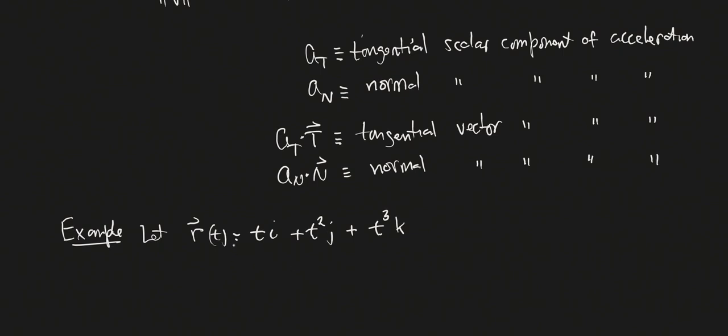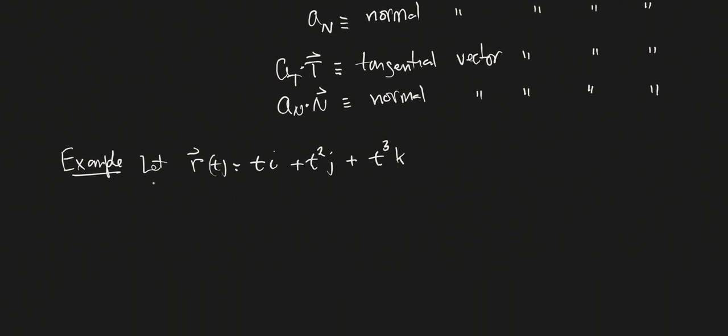So first, let's find a sub T. So a sub T, the tangential scalar component, that is v dot a over the magnitude of v, right? Well, it means we have to find the first derivative, the second derivative, and then divide by the magnitude of the first derivative.